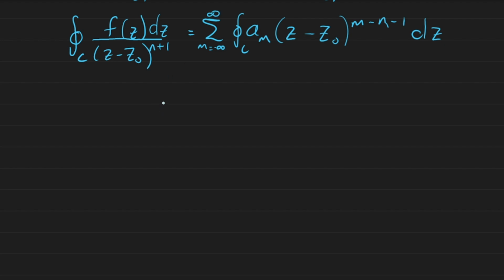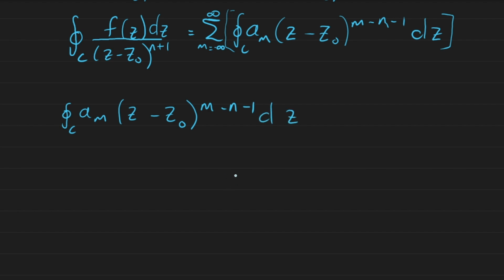So now that I've done this, I need to evaluate this integral on the right-hand side. So this integral that I've indicated in the square brackets, I want to evaluate that. So I'm going to bring that out. So I have the integral around this closed curve C of am into z minus z naught to the power m minus n minus 1 dz.